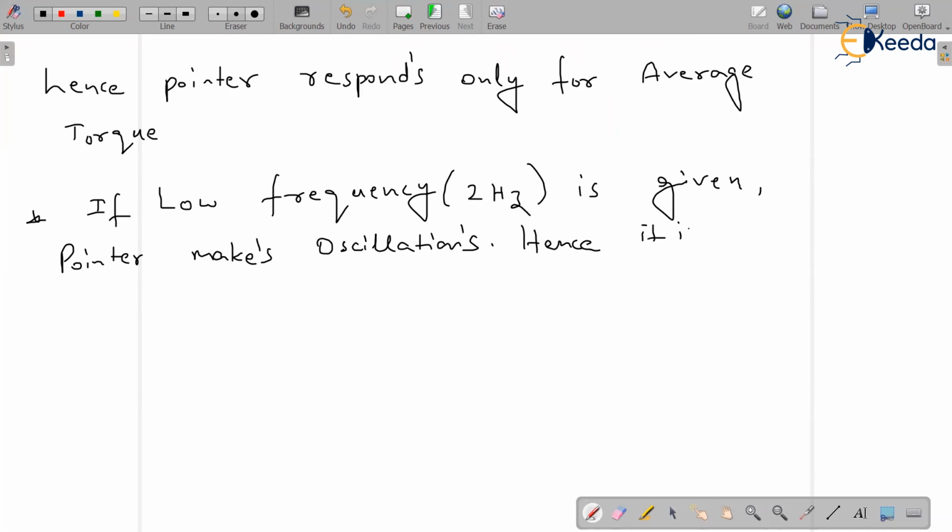Hence, it is not used for below 5 hertz.